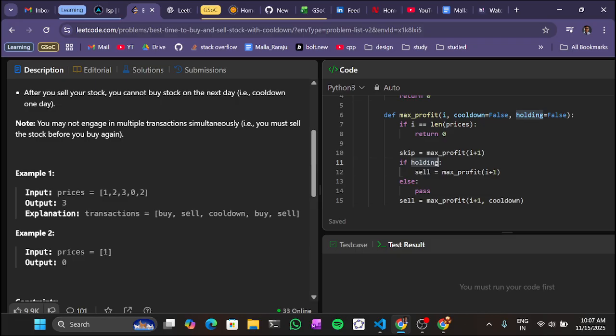If we are holding, we have the index, which is the current index. I guess we need the previous value too.